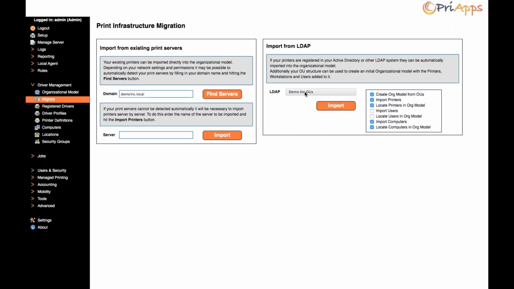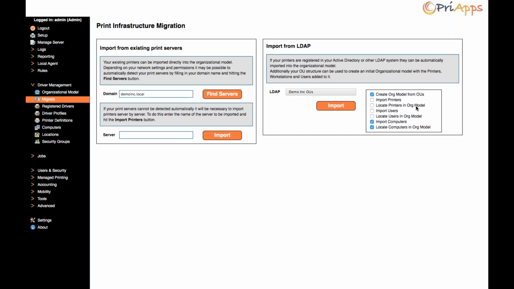We've already connected to the organization's Active Directory, which is listed here. Just one we've connected to, but we can connect to multiple domains and Active Directories if that's what the customer has. And then we can identify what we want to import. Here, I don't really want to import the printers because I've kind of already got them, or I might have got them from the print server migration. I want to put them into the organizational model.